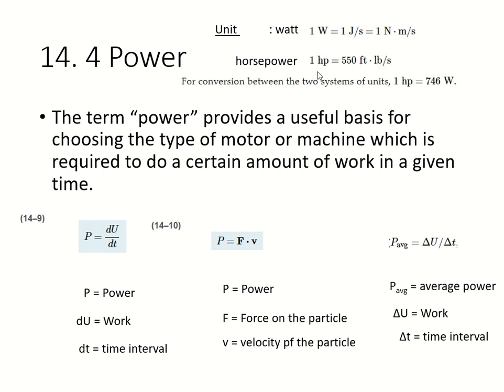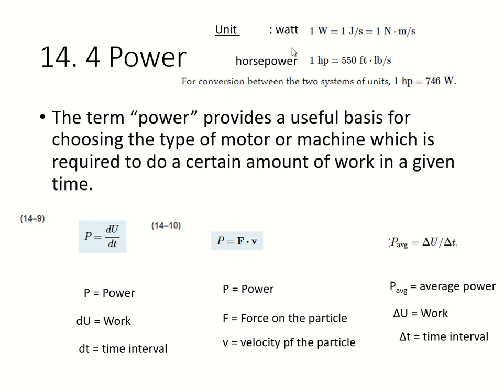So that's a pretty huge power. Of course, your giant machines in a factory or manufacturing plant, you're going to see superpower machines like that. This is just 1 horsepower, by the way, 550 foot-pounds over a second. That's very powerful.